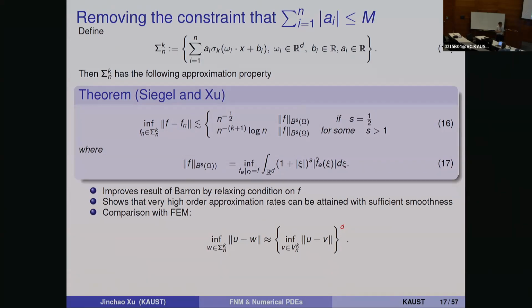But the question is, if this is realizable, how do you do the optimization problem, like gradient descent, as I saw in the previous talk? That's a different story, but I'm going to come back to that.